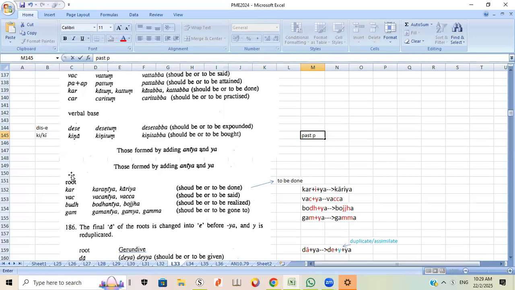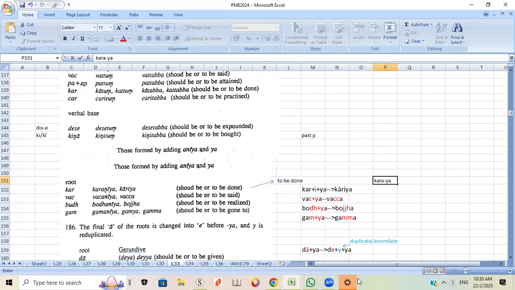Now you look at the root here. So in this particular case, you have two choices. Ka plus ya. So here in this case, why ka get ya? Ka get ya, there are two possibilities. What are the two possibilities? Kara can be the base. If kara is the base, you put ya.